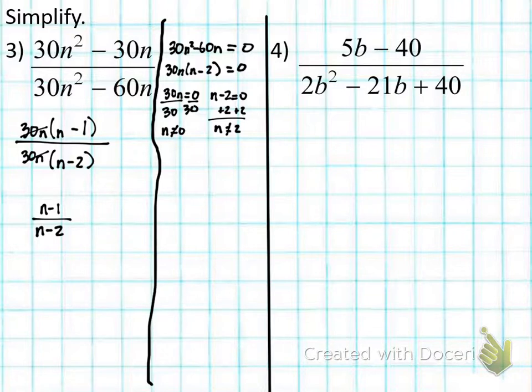I got a question for you. Look up here. Can I cancel the two n's out here? Yes or no? No. Turn to your neighbor, explain why. Okay, why can't I simplify?